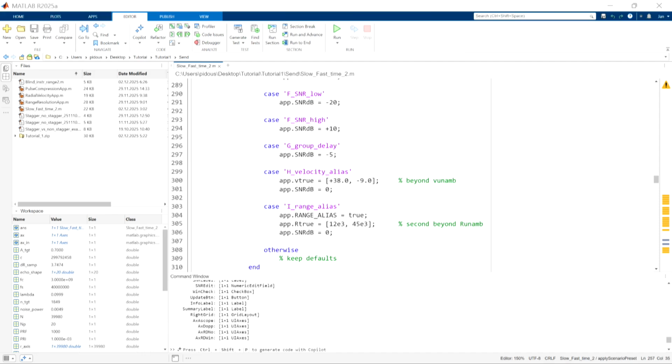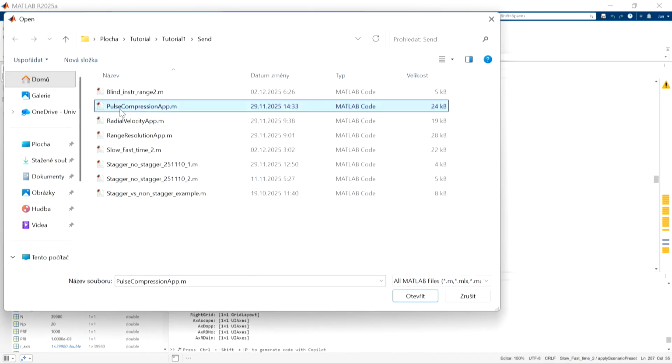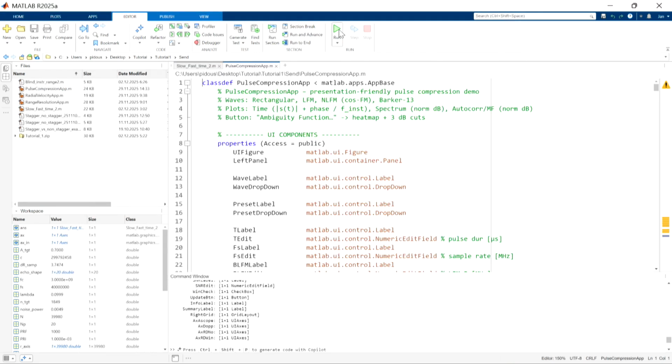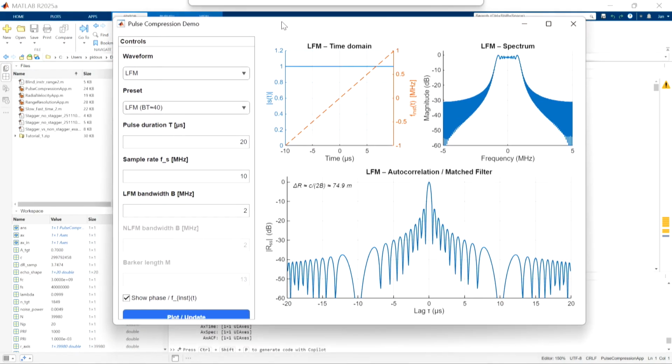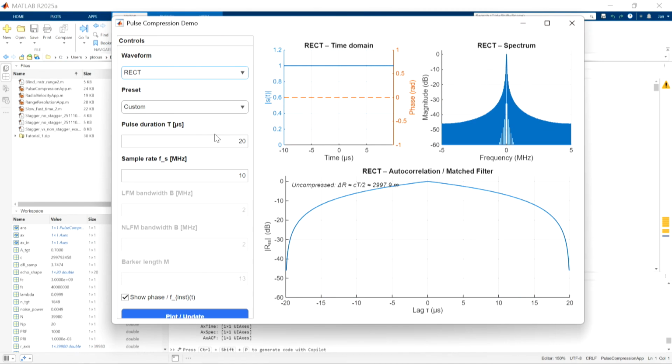And now we will go to the last one. Pulse compression, just for example. So rectangular, its spectrum, since you know it, autocorrelation, but in dB for this reason.